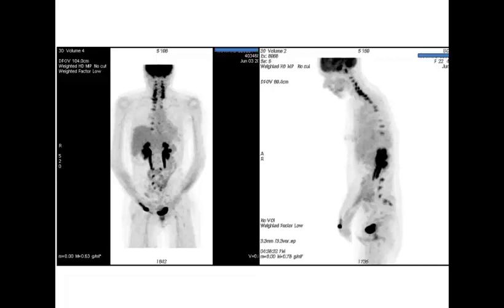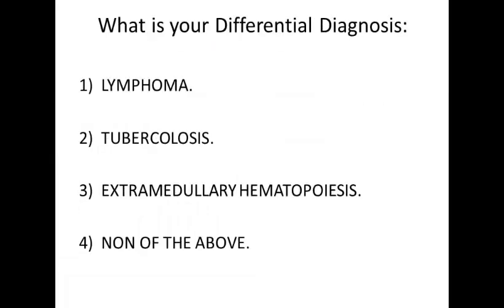Okay. So what's your differential? Lymphoma, tuberculosis, extramedullary hematopoiesis, none of the above.